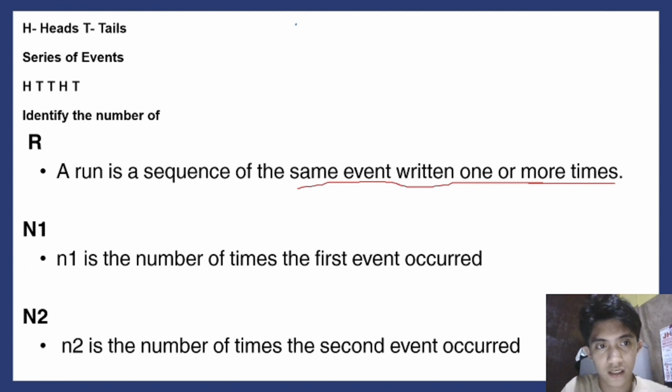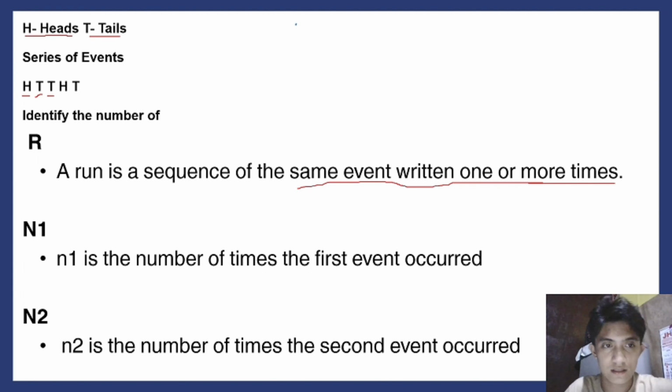So we have here a categorical data. We have two categories, which are H for heads and T for tails. Now I have here a series of events. So imagine if I'm going to flip a coin and the first result is heads, and the second is tails.